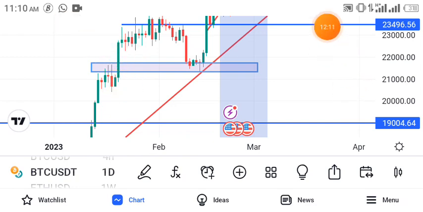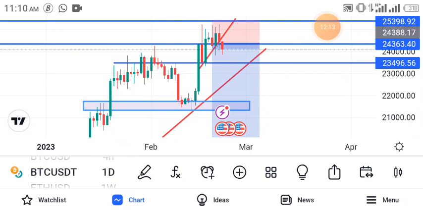No matter that it has broken the trend line, we are still bearish. It has not broken the resistance. Remember, a change of trend will break the trend line and also break support, or break the trend line and also break resistance. So it has not broken the resistance, and we are seeing a lower high, lower low, higher high, higher low, higher high, higher low, and another higher high respecting this zone.